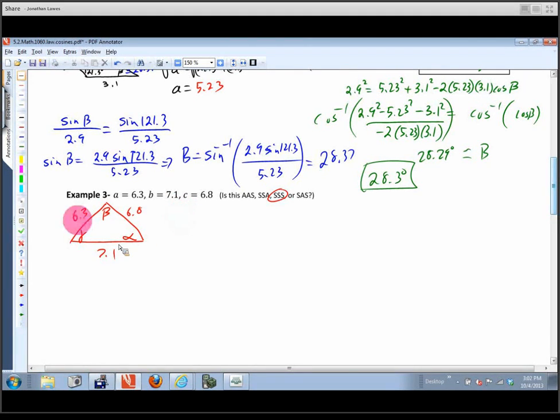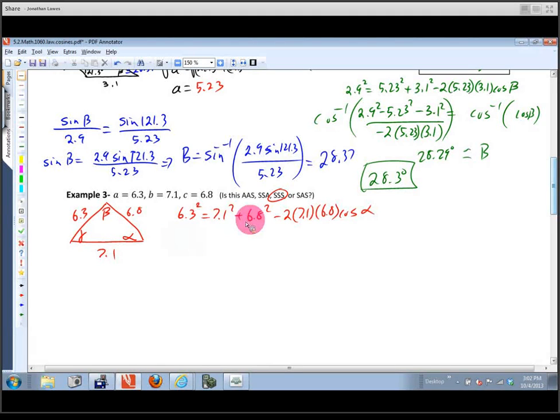So let's do a squared, so that's going to be 6.3 squared. That should equal 7.1 squared plus 6.8 squared. Notice how they're just kind of right in order for us there. And then minus 2 times 7.1, 6.8, cosine of alpha. And again, notice what happens here.